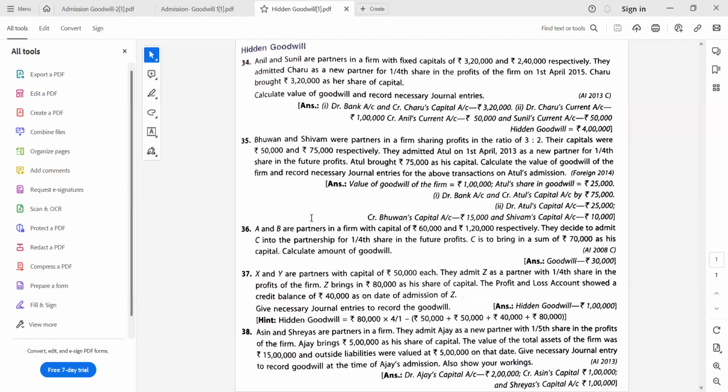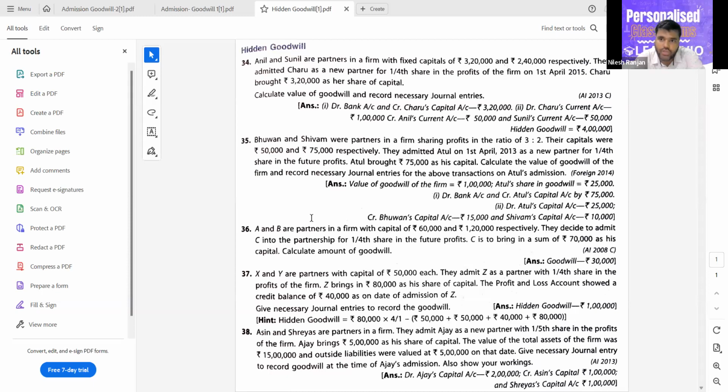By adding X and Y's capital and the credit balance 40,000. So X's adjusted capital is 70,000, since I told you that 40,000 will be distributed between X and Y. Y's capital is also 70,000, and Z's capital is 80,000.